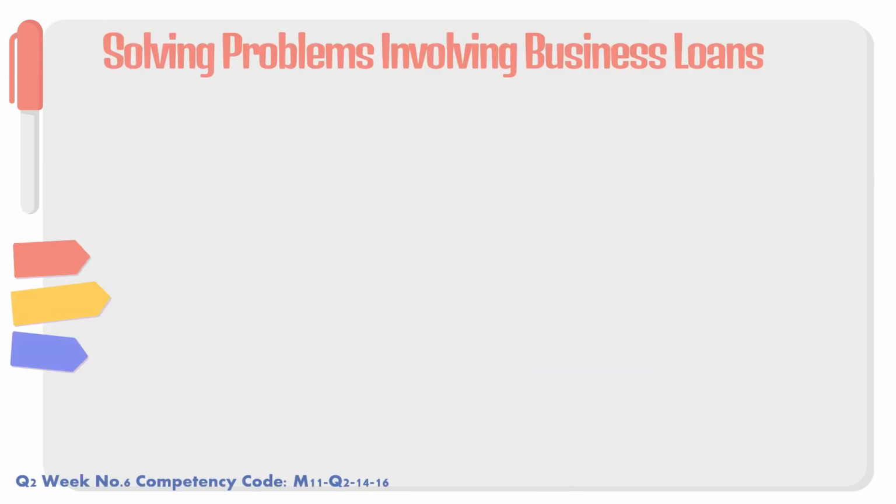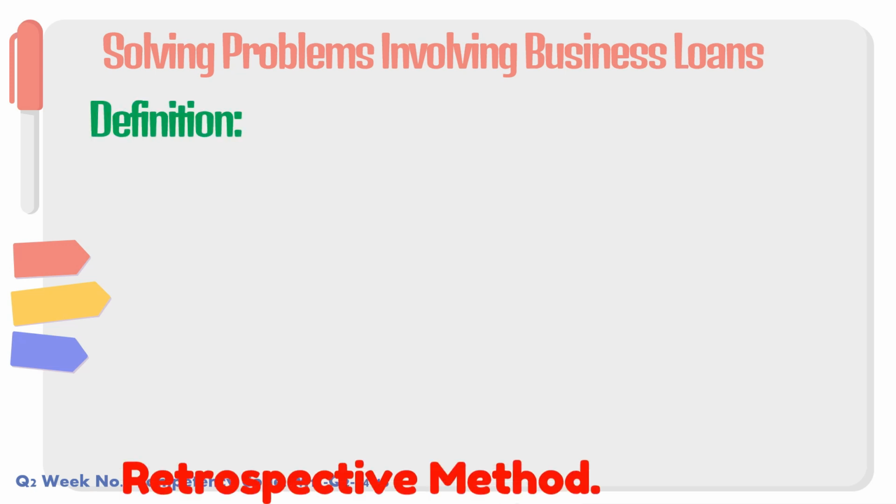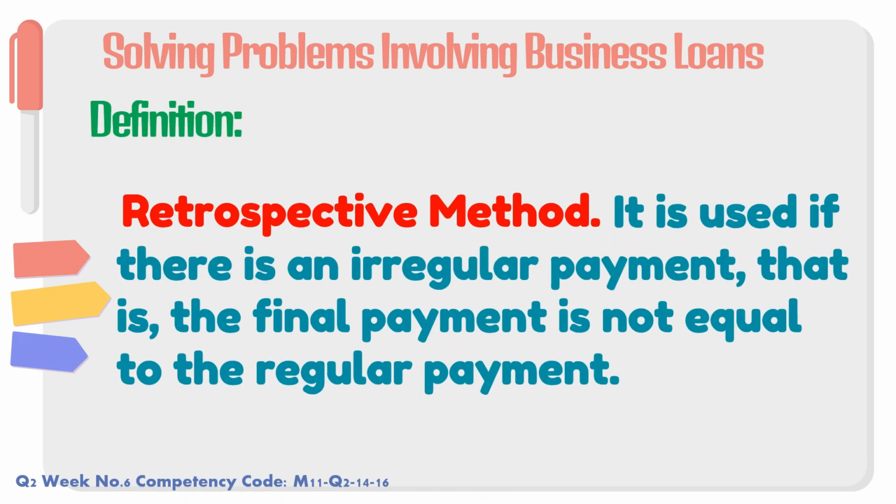Other way of solving outstanding balance is by retrospective method. Retrospective method is used if there is an irregular payment, that is, the final payment is not equal to the regular payment.